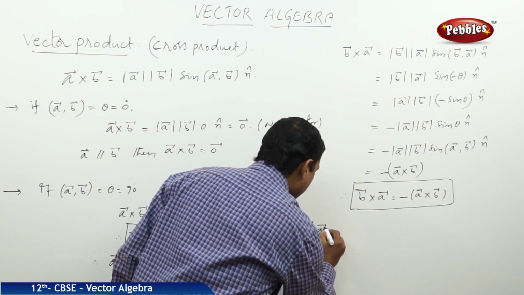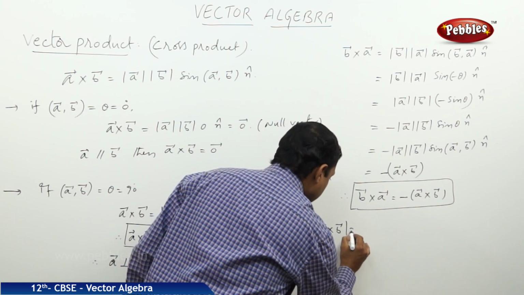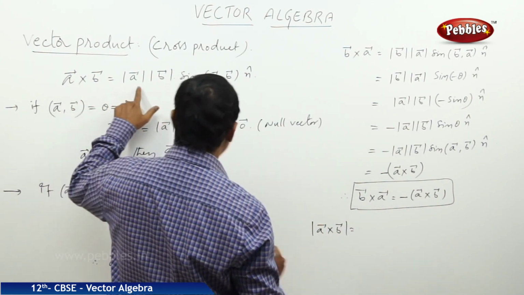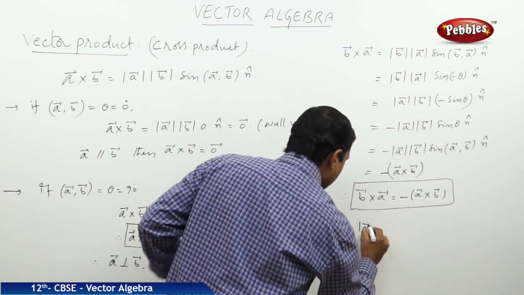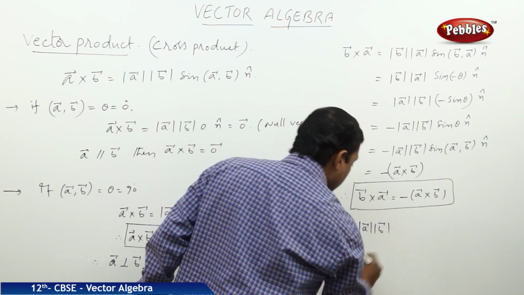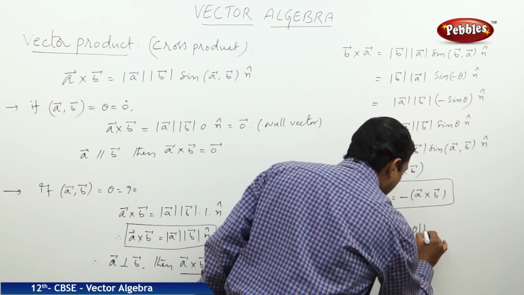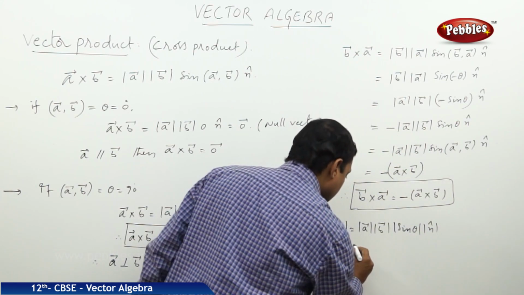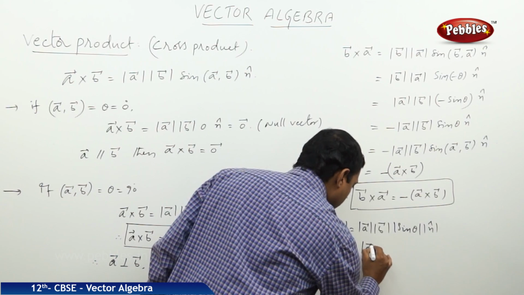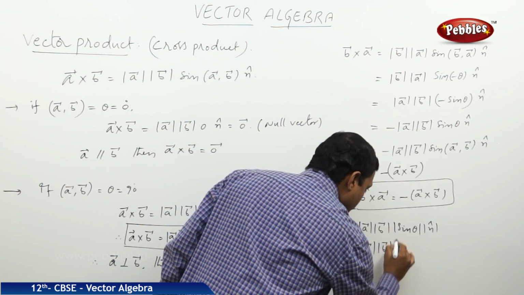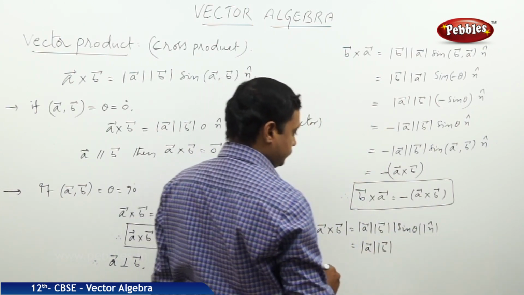What is the magnitude of A cross B? Modulus of A cross B is equal to mod A mod B modulus of sin theta into modulus of n cap. This is mod A into mod B into sin theta.